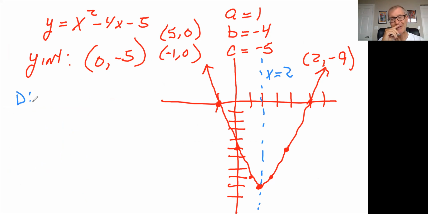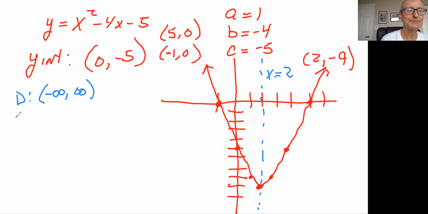Well, the domain, hopefully you realize, will be all real numbers, and that's always the answer for all the quadratics. And so you could see these arrows imply that you're going all the way to the right to positive infinity and all the way to the left, which is negative infinity.